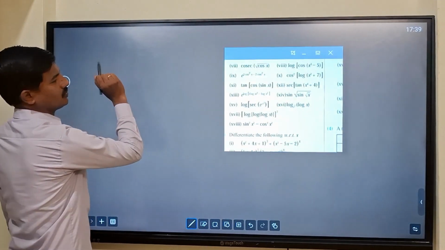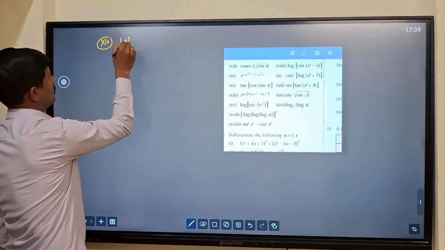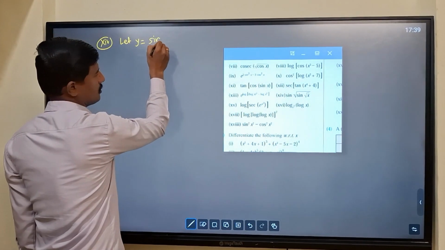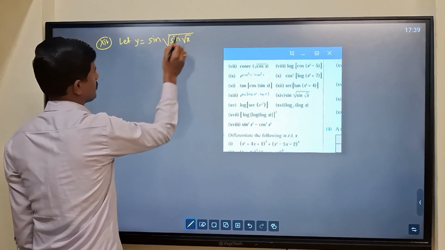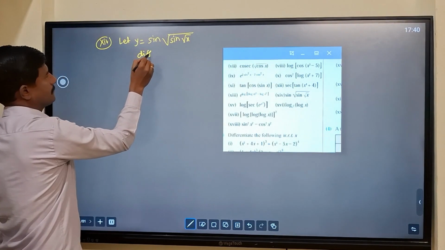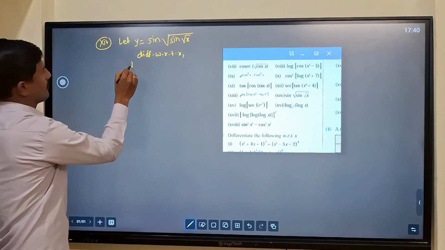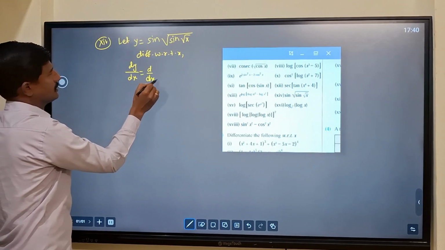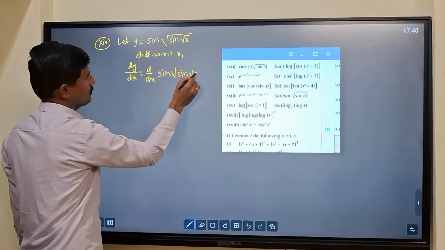Now 14. Let y equal to sine of square root of sine of root x. Differentiate with respect to x. dy by dx equal to d dx of sine of root of sine of root x.